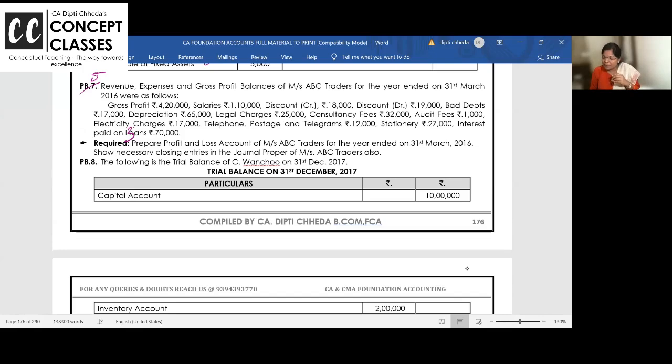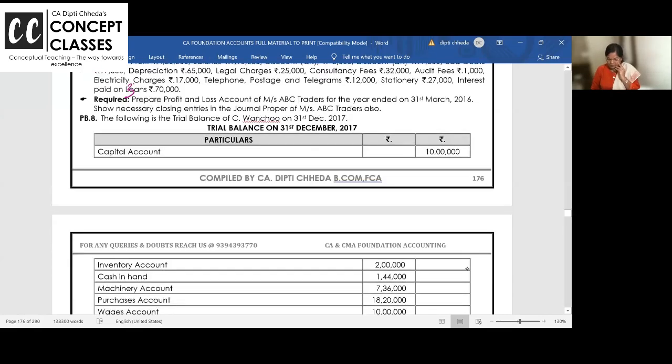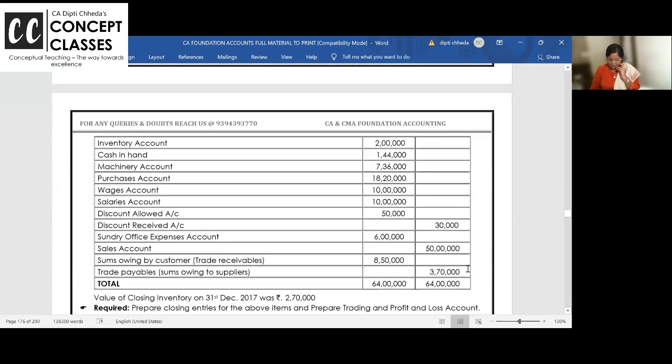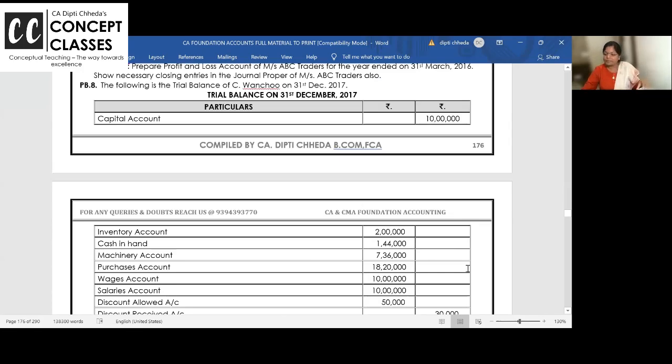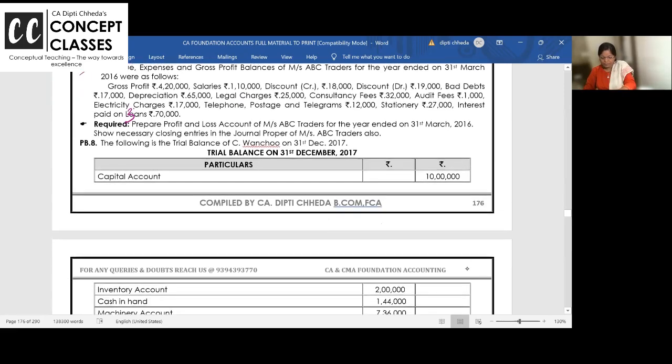So you just have to prepare the P&L account for the fifth problem as homework. No, actually you can do it in 2 minutes in class now. If you discuss, it will be very clear to you.